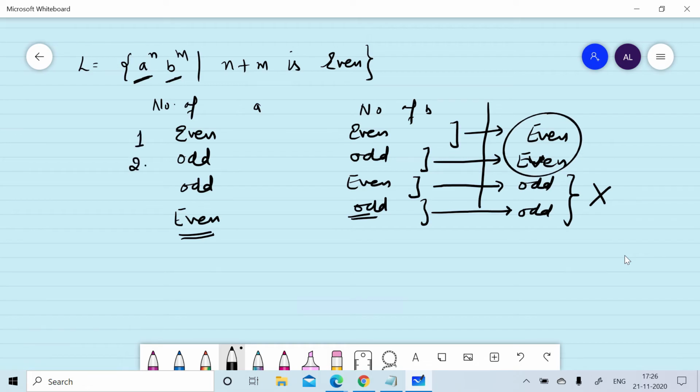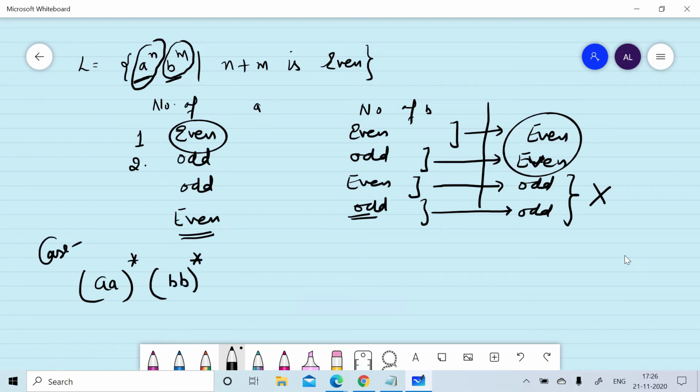So in case number 1, the number of a being even can be represented by (aa)*, followed by the number of b that is also even, which can be generated by (bb)*. So the case number 1 regular expression is (aa)* concatenated with (bb)*.